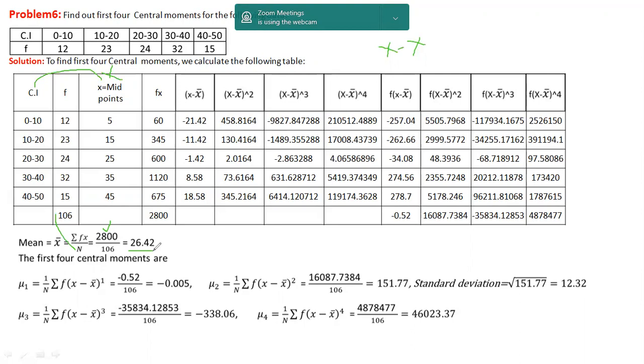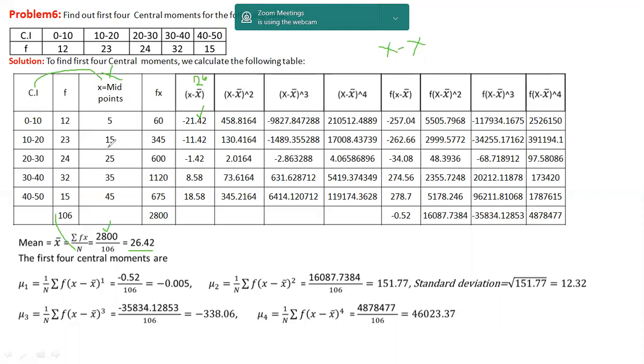After getting the mean, we have to find the deviations, which are the deviations from the x points. So 5 minus 26.42 is minus 21.42. Instead of x bar, we are taking 26.42 and doing the calculations.